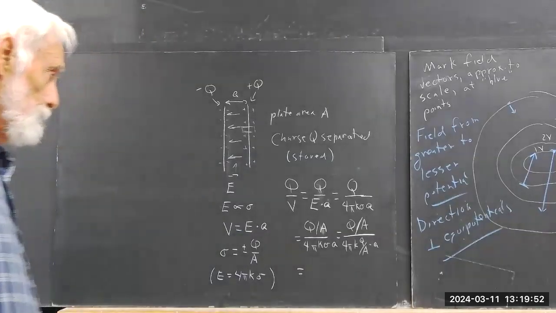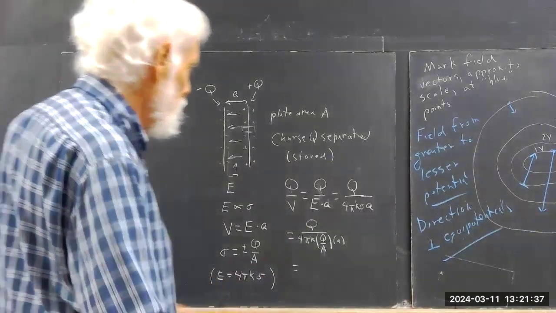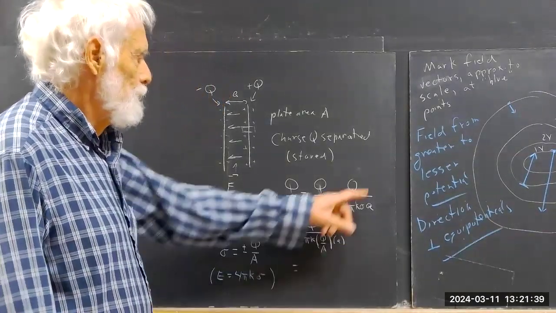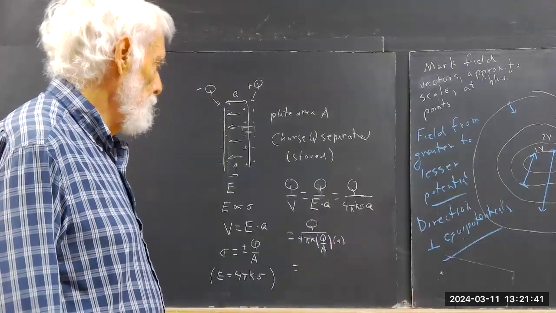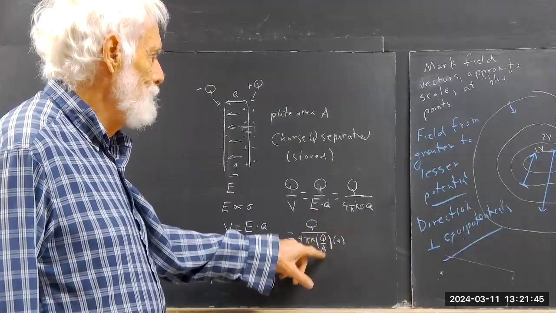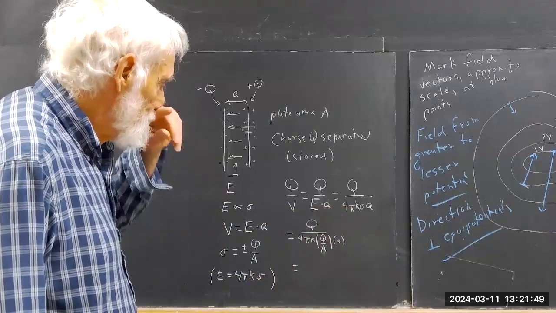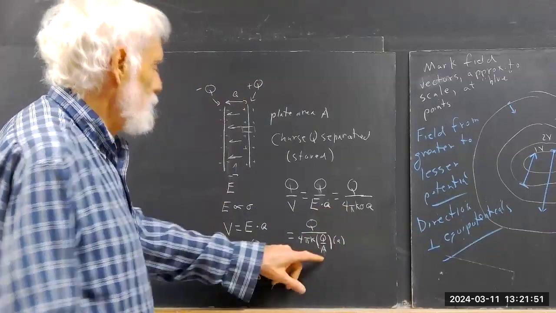there's something wrong with what I wrote down there. Can you see what it is? It's getting a little scary. I've verified myself 3 or 4 more times, but there's no reason to write Q over big A up here. Because I was going to write Q over big A for sigma, which is what it is, charge per unit area. And then I wrote a little a again.